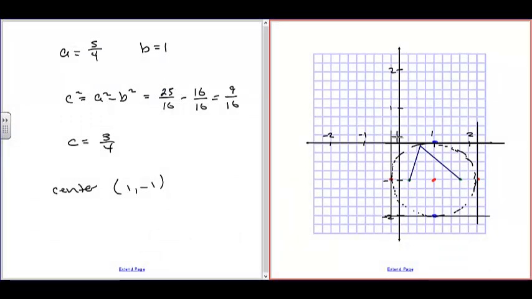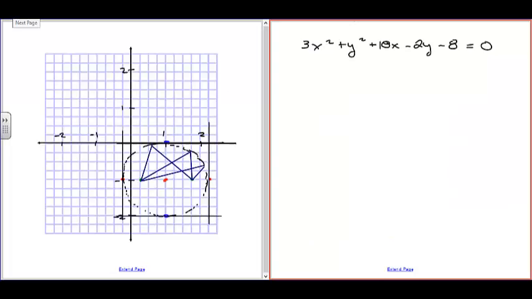So if I draw a couple points here, the sum of these distances is going to be constant. That's the whole geometric principle of an ellipse.